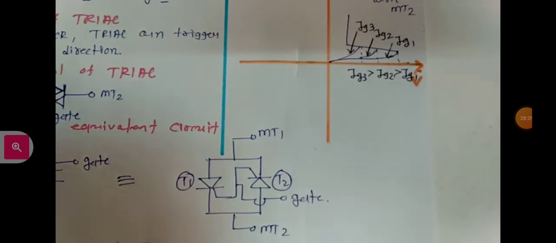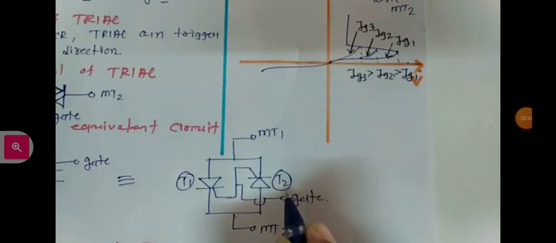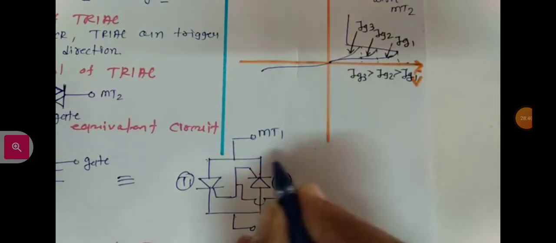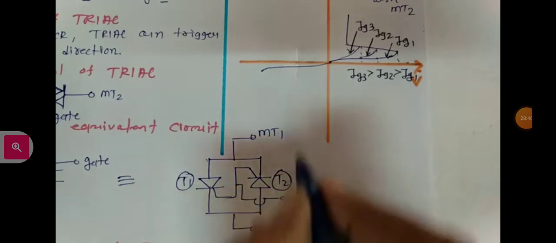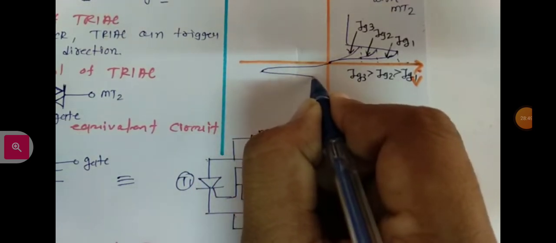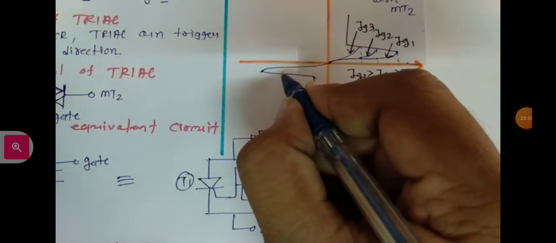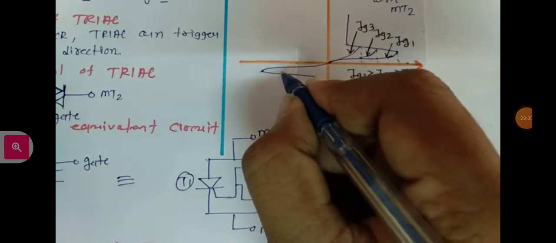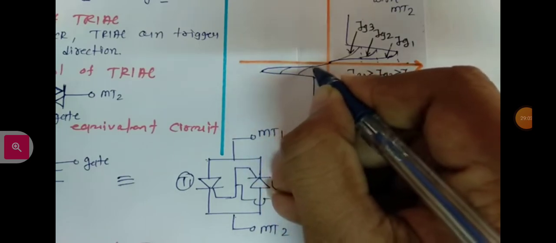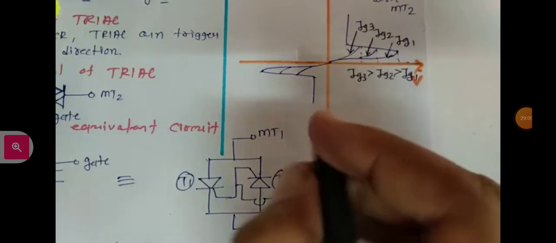So its characteristic is similar to the forward bias SCR characteristic, which will be the characteristic of T2, and once it gets triggered its current will be like this. And here too, three cases are possible: as you increase gate current, forward breakover voltage will decrease, as we have seen for MT1 positive with respect to MT2.